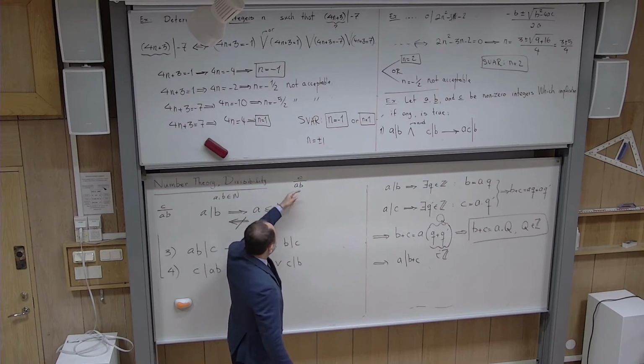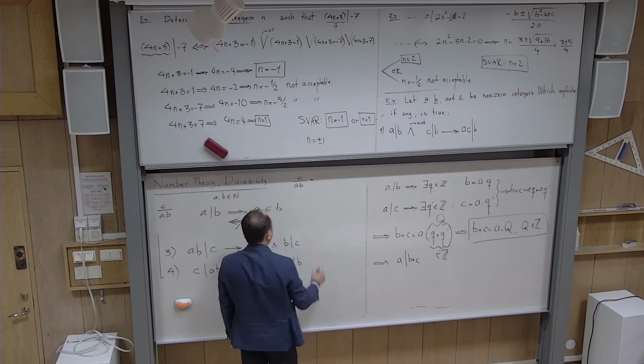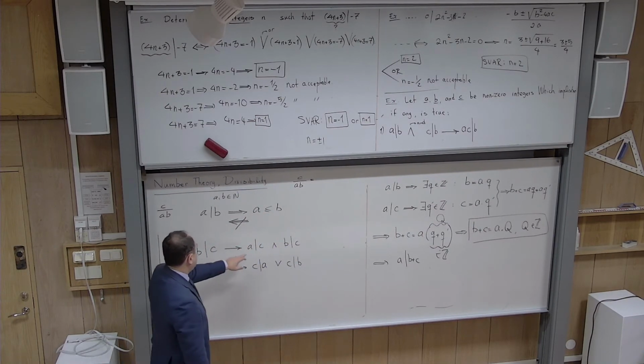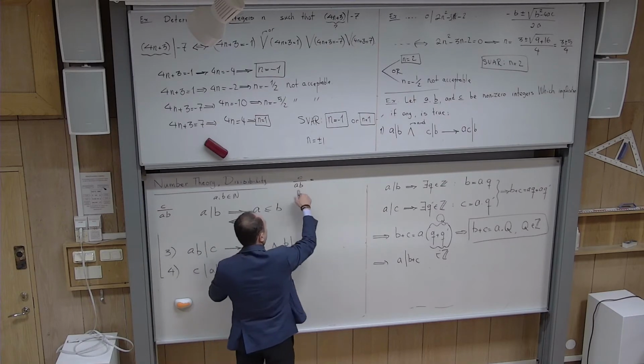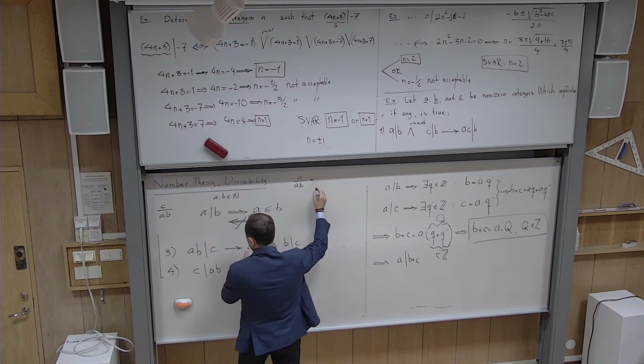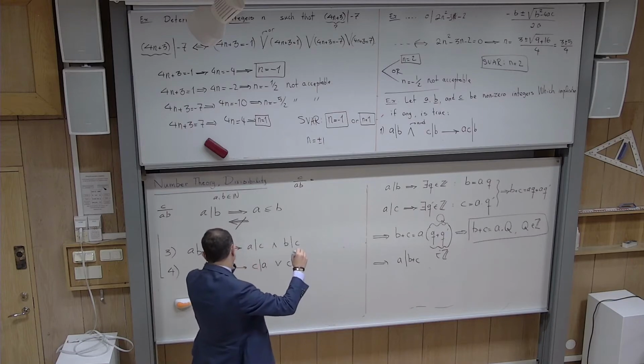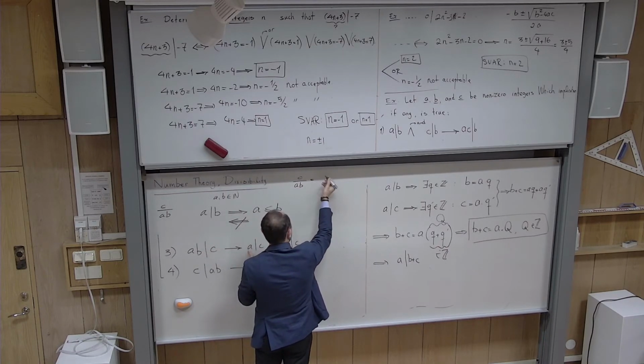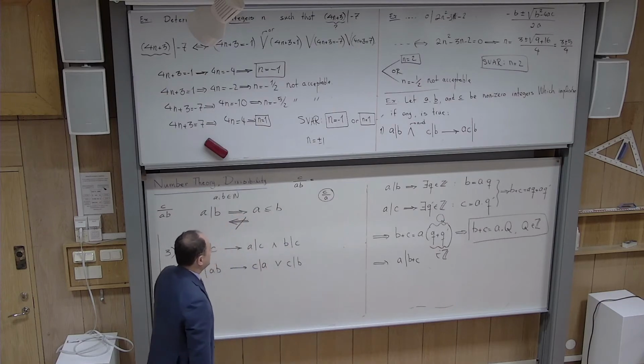Why do you think C over A is an integer? So what you write, by the way, is it true or false? Yes. So you need to tell me why you conclude that C over A is an integer.